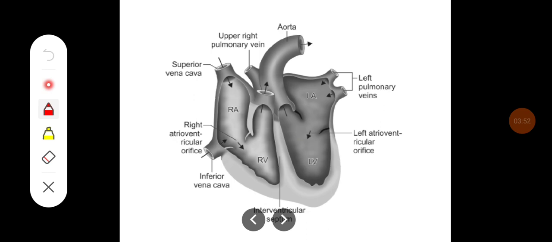So this is the diagram which is showing that from the superior vena cava, blood enters into the right atrium, then the blood enters into the right ventricle through the tricuspid valve, which prevents the backflow of blood back into the right atrium.